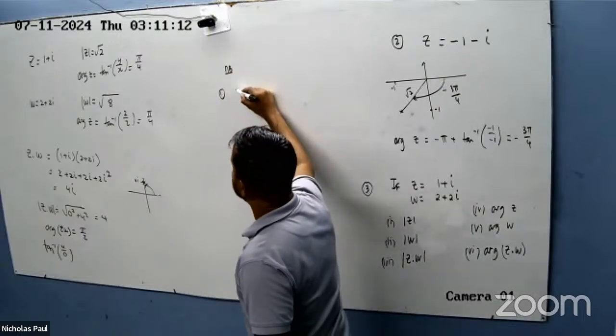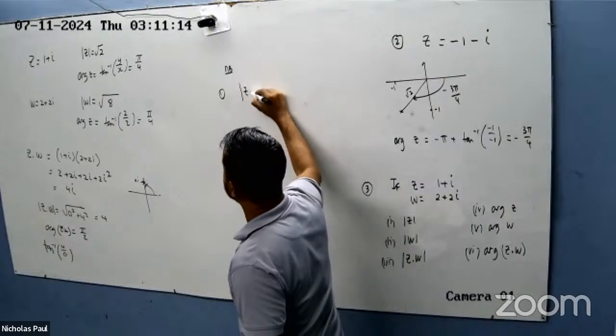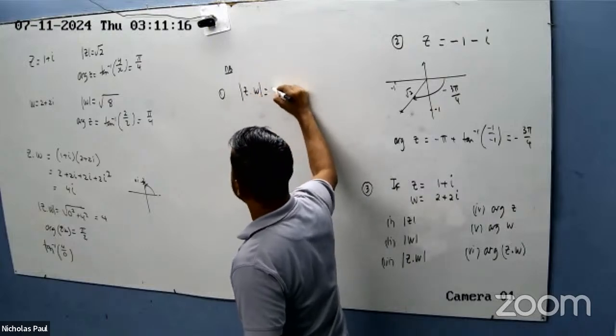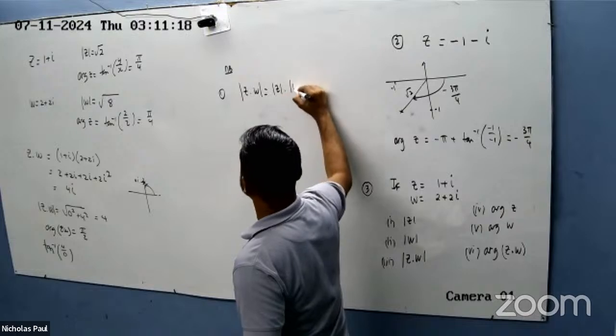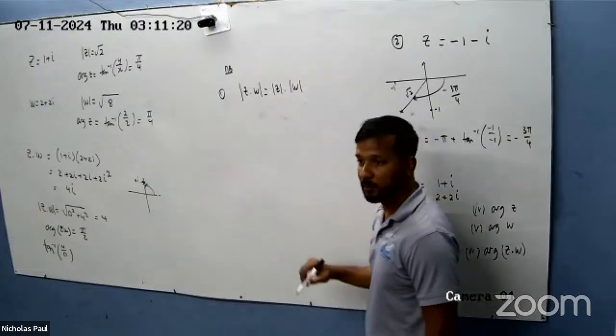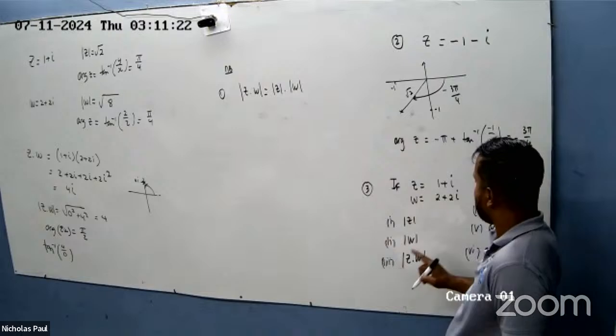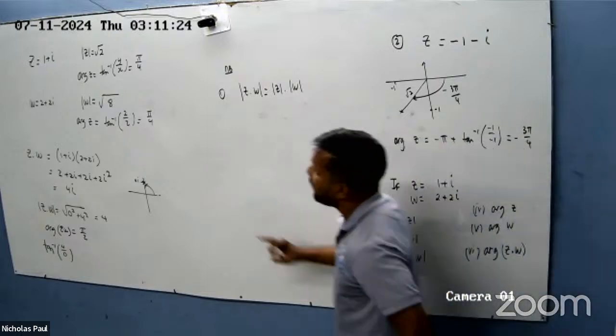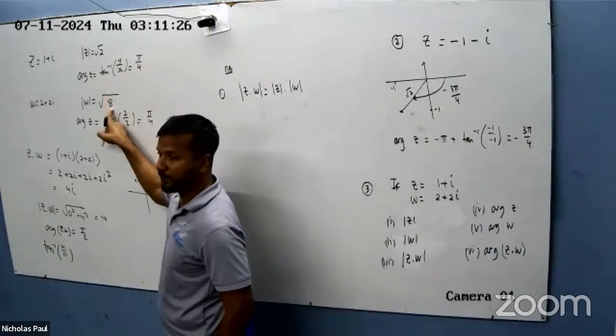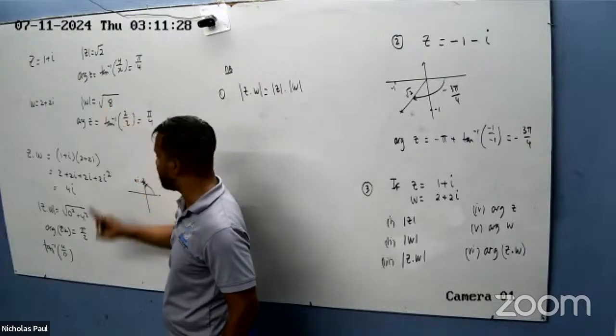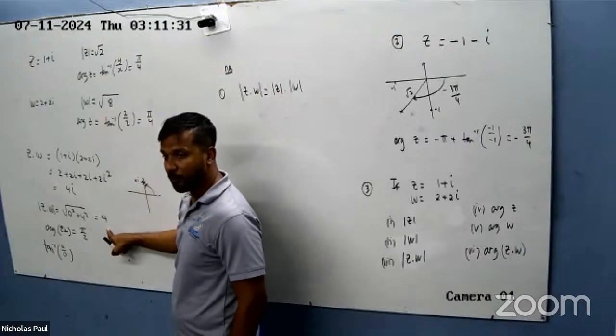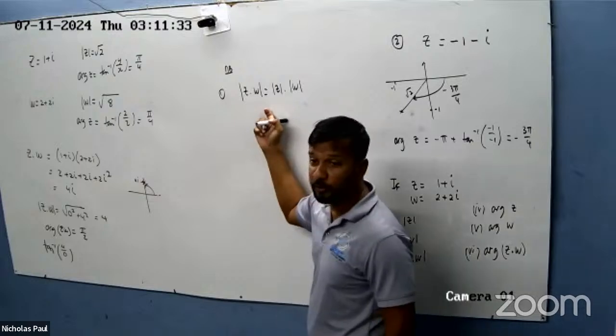If you were to find the modulus of z by w, really and truly it's just the modulus of z by the modulus of w. Multiply root 2 by root 8, you'll get root 16, which is 4.